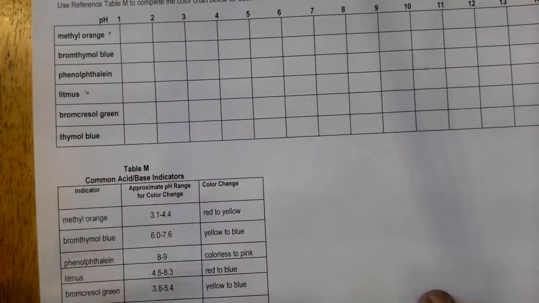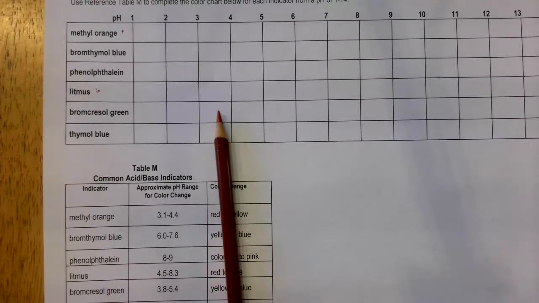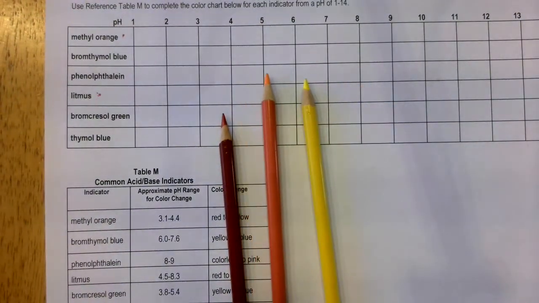So I look at methyl orange and I realize that it goes from red to yellow, and the color change of red to yellow is going to be orange.